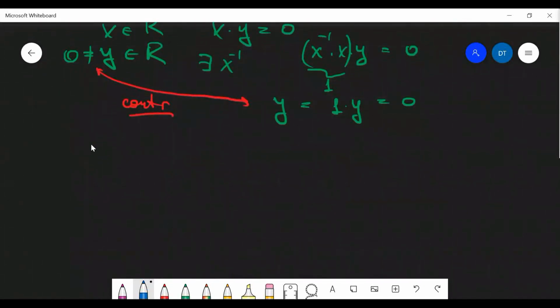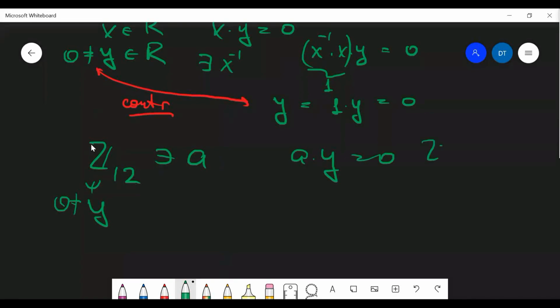Let's say you have an arbitrary element a from here. What does it mean that this element is a 0 divisor? It means that you can take an element y from here, which is not 0, and after multiplication, it becomes 0. But what does it mean that a times y is 0 in Z12?